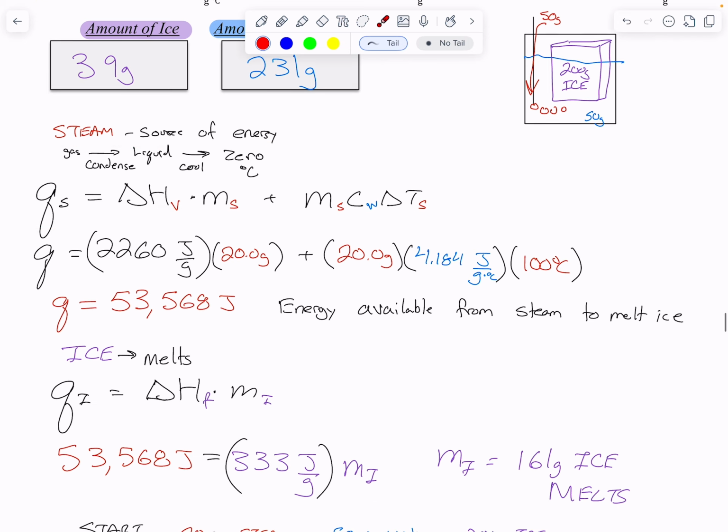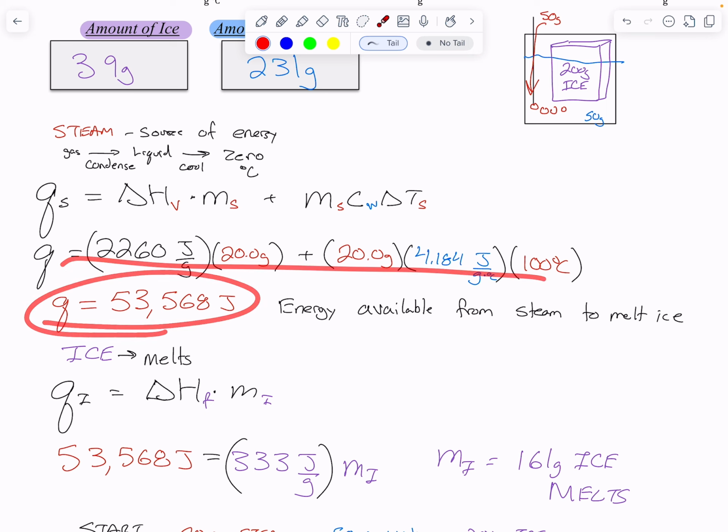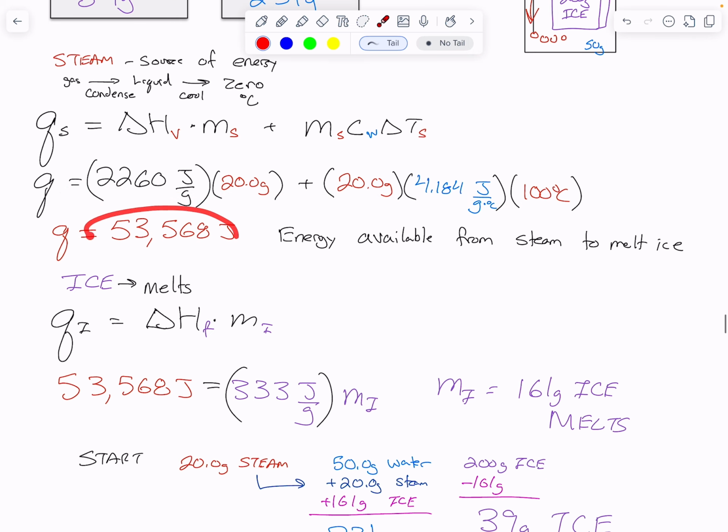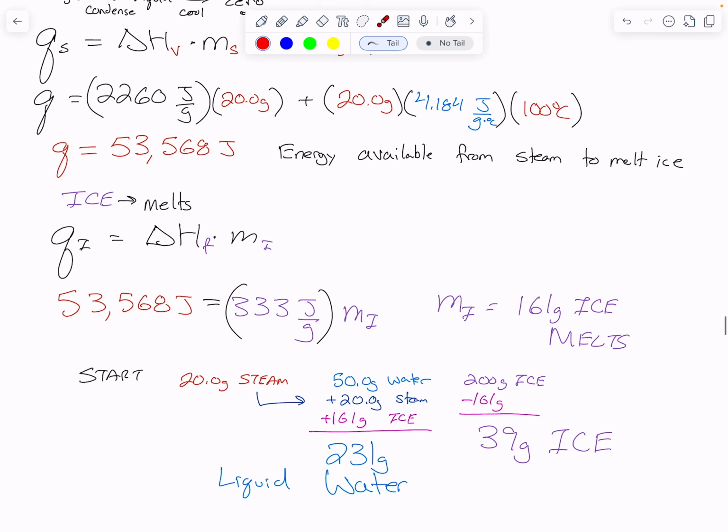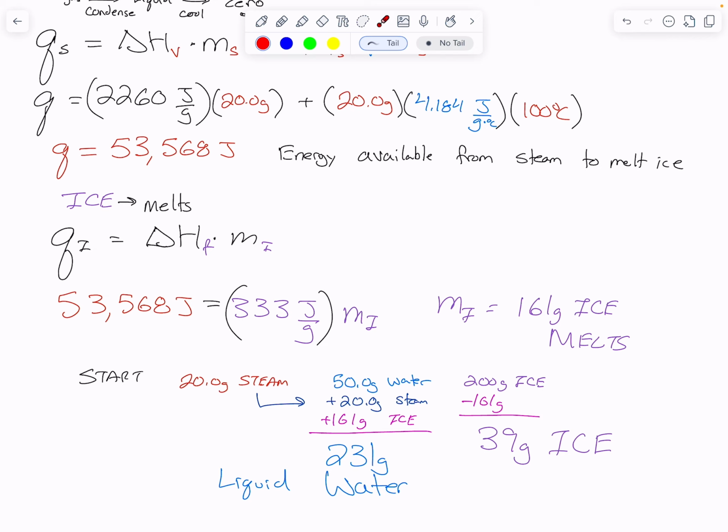Then we figured that out with the algebra, and that's how much energy can be released. We took the energy that can be released into ice melting, Q, and that's how much energy it takes per gram to melt ice. And so we found the mass. We found that this much melts. And then we figured out how much is left.